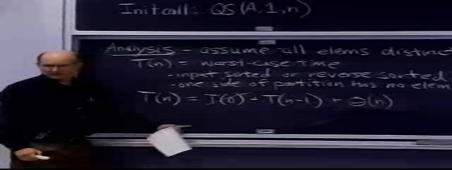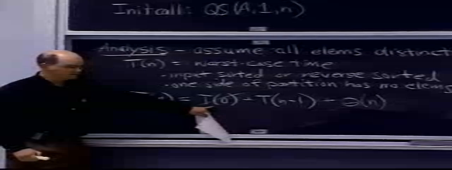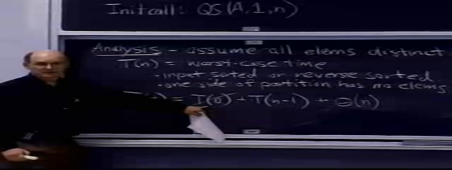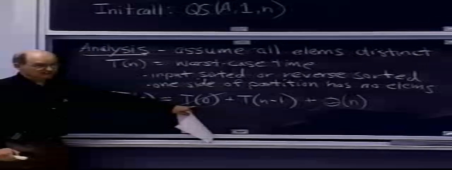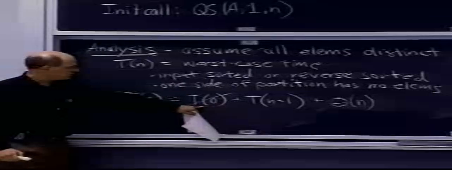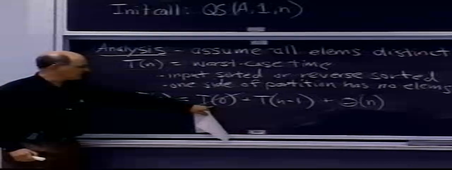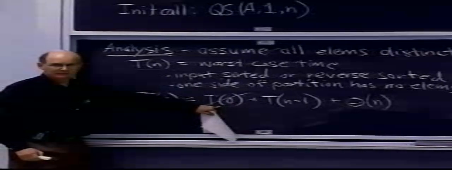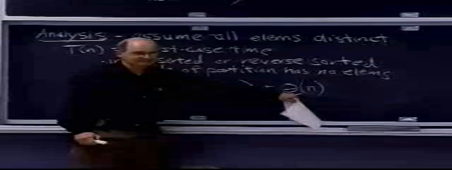Okay, so we can get this recurrence. This term, we know what that is. What's this term? T of 0 is constant. Okay, it's theta 1. So I'm just going to drop it. Why can I just drop this? Because you can just absorb it into the theta n here.